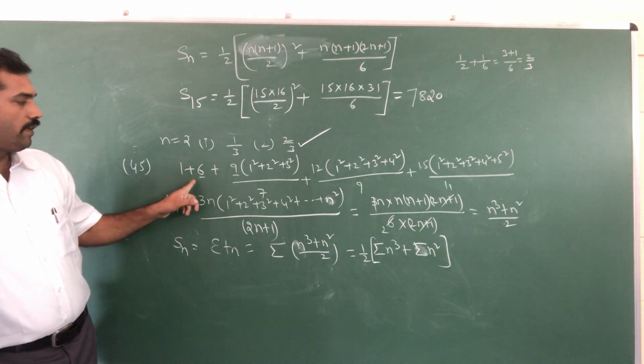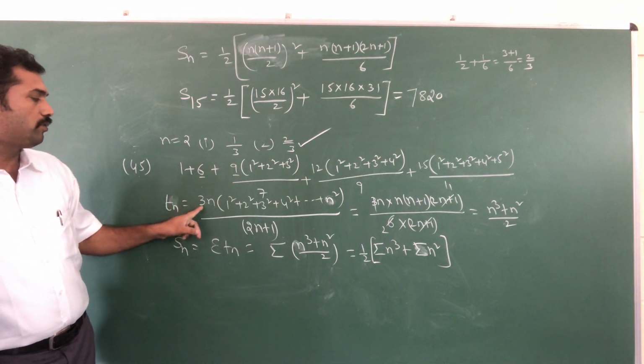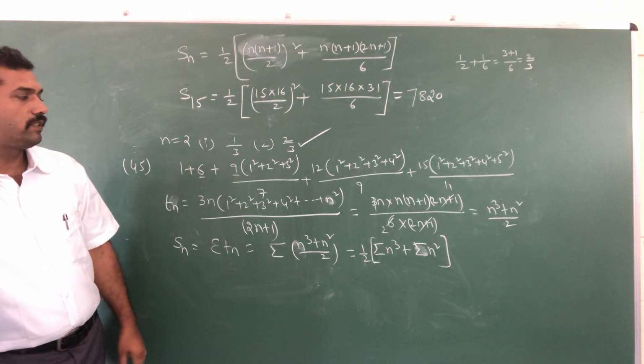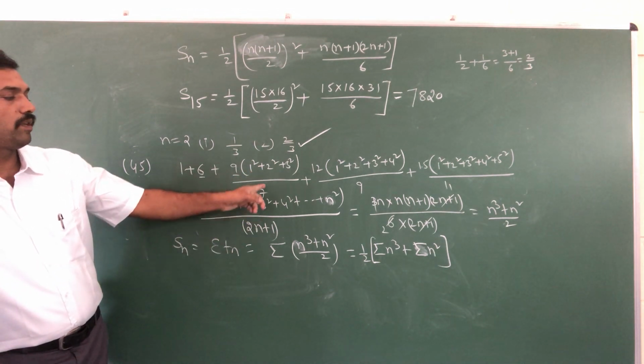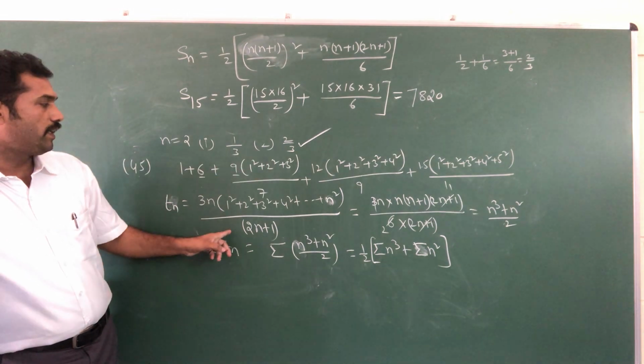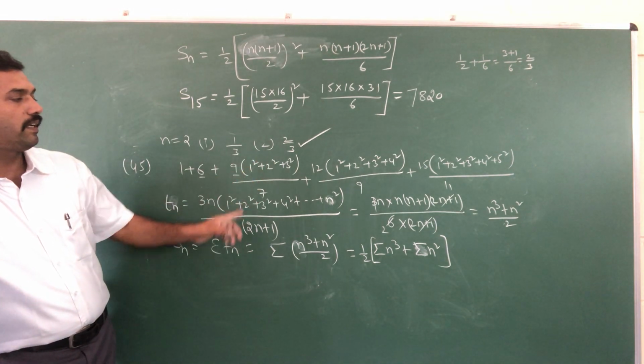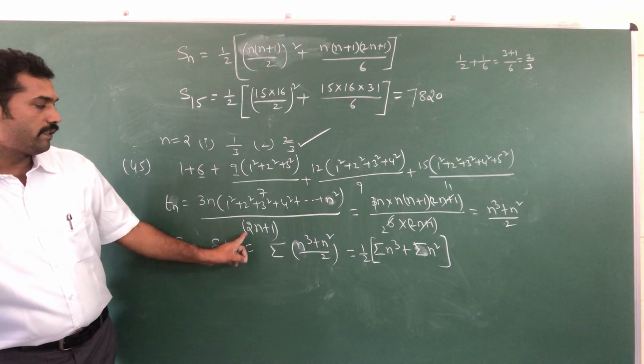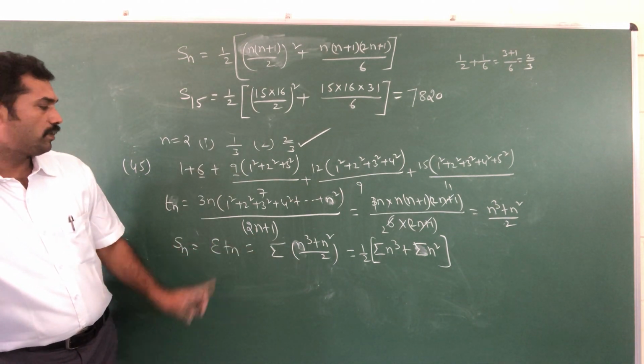So in the numerator value, it is a multiple of 3, so 3n. So this value 1 square plus 2 square plus 3 square, the nth term is n square. So divided by 7, 9, 11, the terms are in AP, so the nth term is 2n plus 1. So this is a Tn.